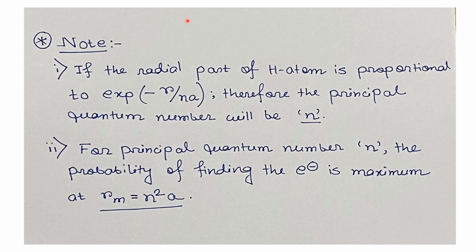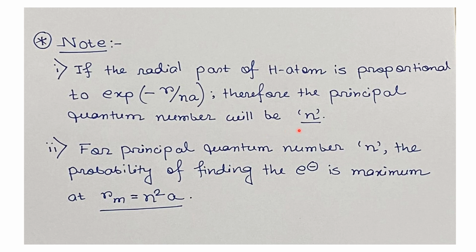Now we'll discuss some important tricks to solve this question very easily. The first point is, if the radial part of the hydrogen atom wave function is proportional to e to the power minus r by na, then we can directly say the principal quantum number for the wave function is n. In our case, the radial part was for the second excited state, so n equals 2.